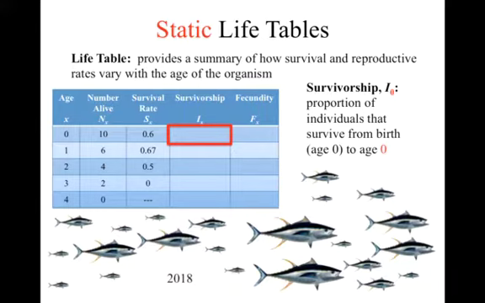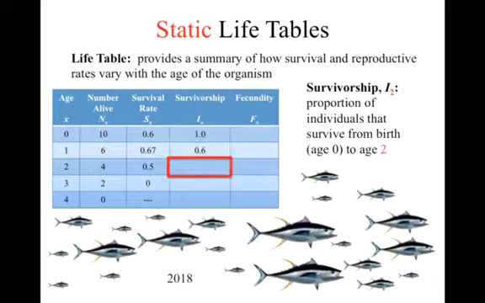That takes nothing, all of them do. So again, that number should always be 1. Your year 1 survivorship is the proportion of individuals that survive from birth to age 1. So I had 10 fish that were newborns, and I have 6 year 1 fish. So it's looking like 60% survive to year 1.